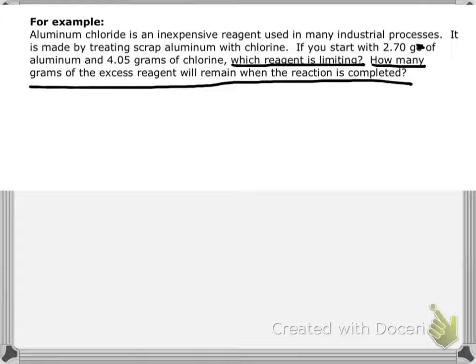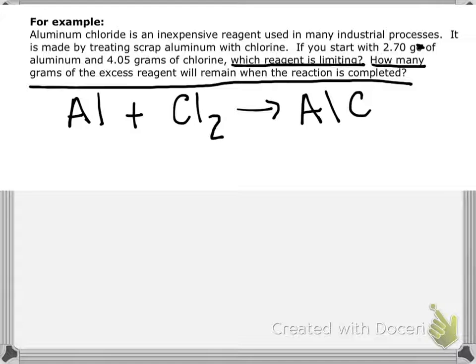So we are doing a synthesis reaction where you take aluminum and chlorine, which is diatomic, and it's going to create aluminum chloride. Don't forget to write your formulas correctly. Aluminum has a +3 charge, chloride has a -3 charge.